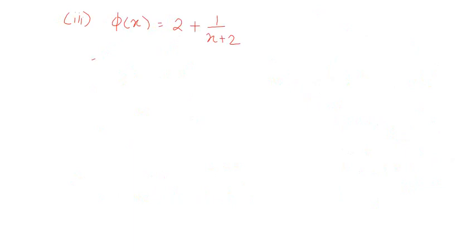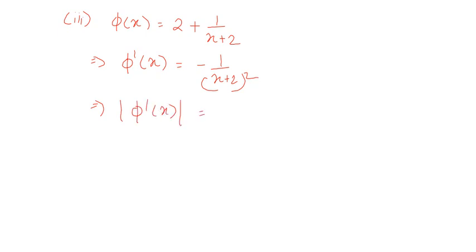So phi dash of x is equal to minus 1 by x plus 2 whole square, and mod of phi dash of x is 1 by x plus 2 whole square. This implies mod of phi dash of root 5 will certainly be less than 1.